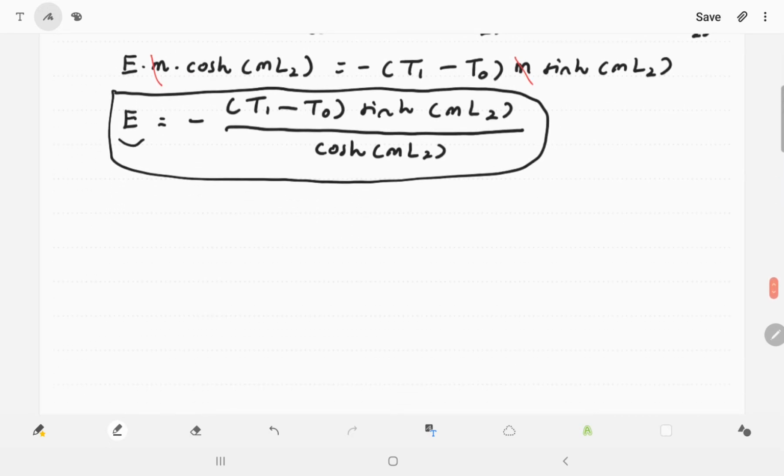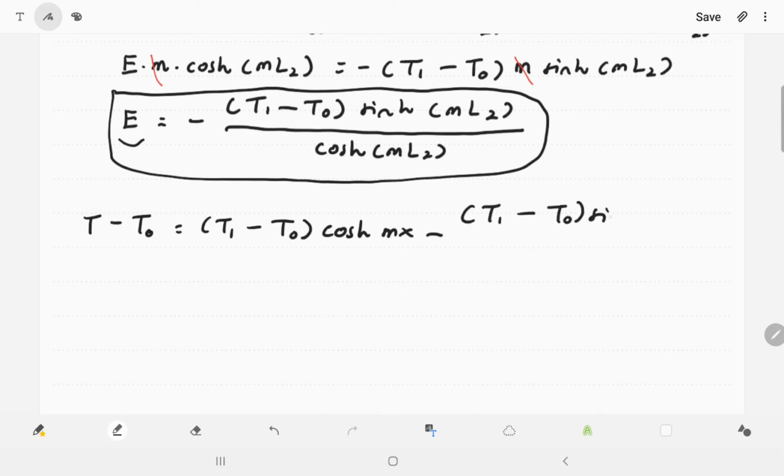If we do that, we should have T minus T0 equal to T1 minus T0 cosh mx minus T1 minus T0 sinh mL2 over cosh mL2, and this one will be multiplied by sinh mx. Let me erase this a bit.